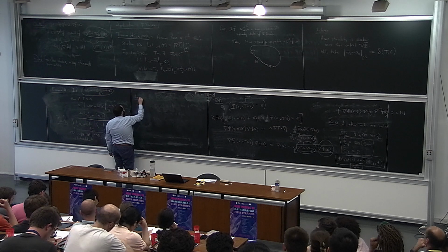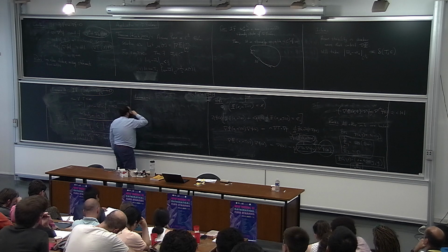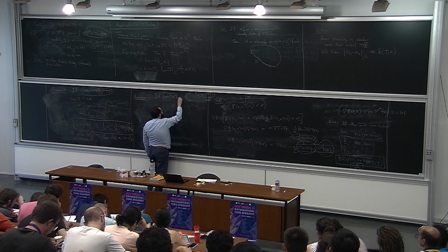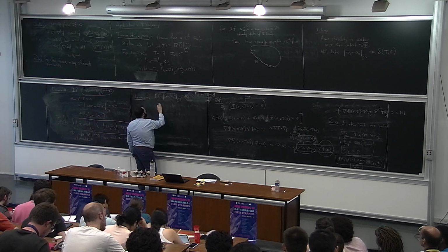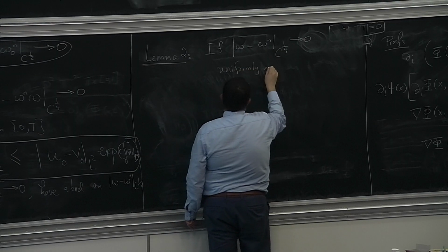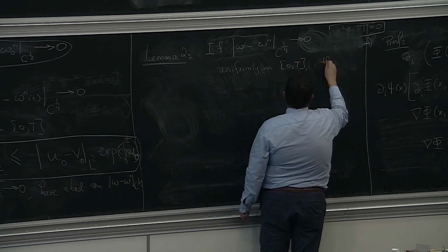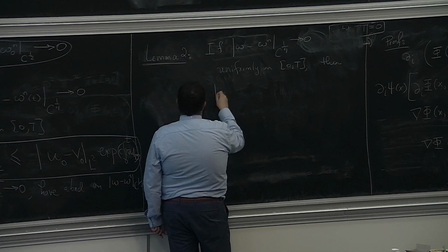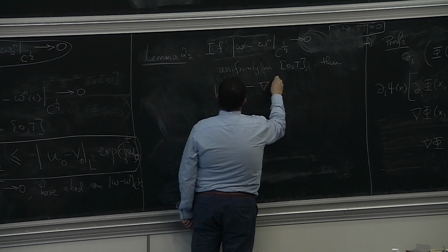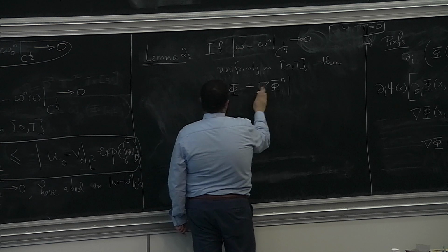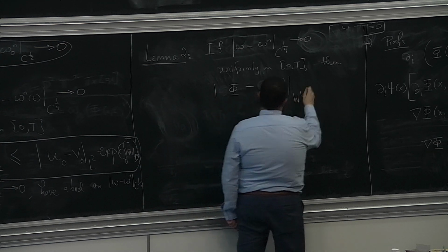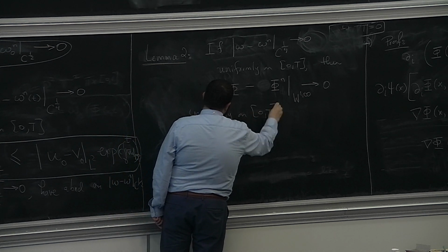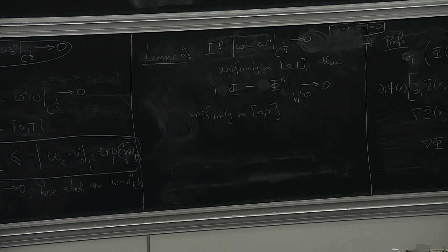Okay, second lemma. If omega minus omega n, now we went down to C1/4, goes to 0 uniformly on 0 to T, then if you look at the flow maps, you don't need to put the gradient, phi minus phi n goes to 0 in W1 infinity, again uniformly on 0 to T. So this is just continuous dependence on data.